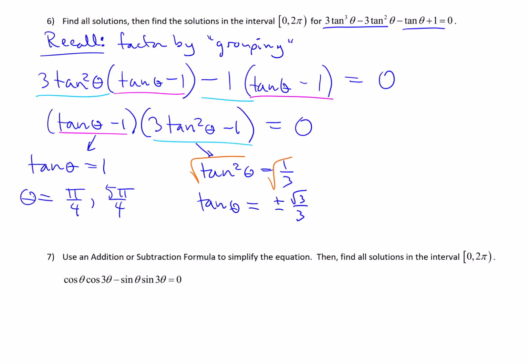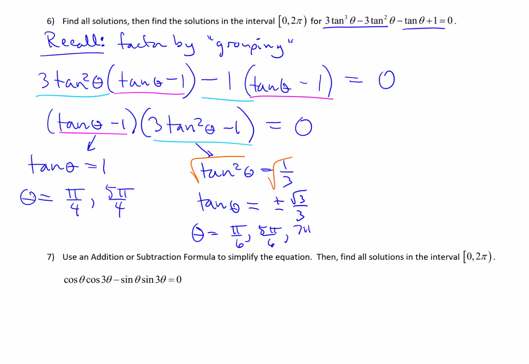Now where tangent theta equals plus or minus square root of 3 over 3, go back again at the unit circle and look at it. This would be all the places closest to the x-axis above or below it. So this would be where theta is equal to, we'd have pi over 6 in quadrant 1, that would be where it's positive. We'd have 5 pi over 6 in quadrant 2, it'd be negative there.